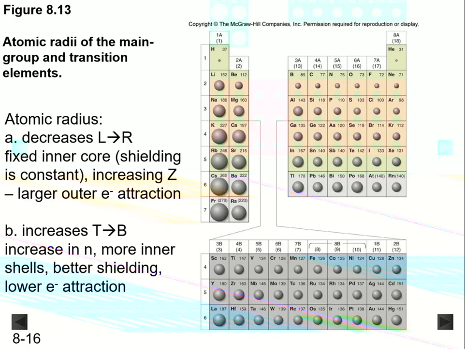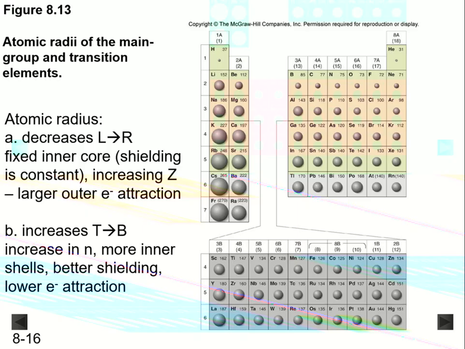Let's look at this figure on the right-hand side. You can see a series of boxes for the elements, and inside each box is a circle with a number. That number represents the atomic radius as measured using the methods we talked about a few slides earlier.